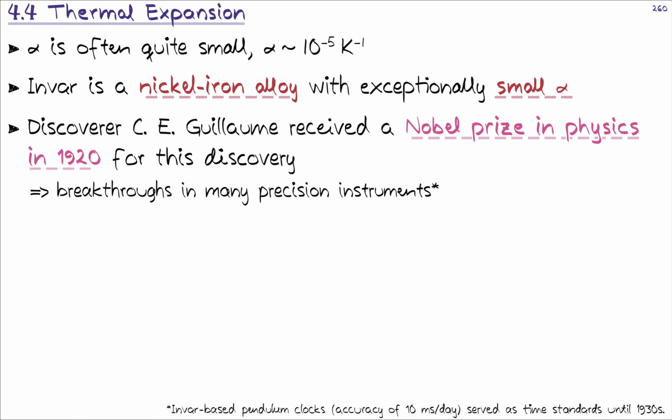So INVAR-based pendulum clocks had an accuracy of around 10 milliseconds deviation from the real value per day, and these clocks served as the time standards until the 1930s, when the electronic clocks started to replace them. But this was really a very important invention, and Guillaume was awarded a Nobel Prize because of that. So I think it's a nice example of technological development.